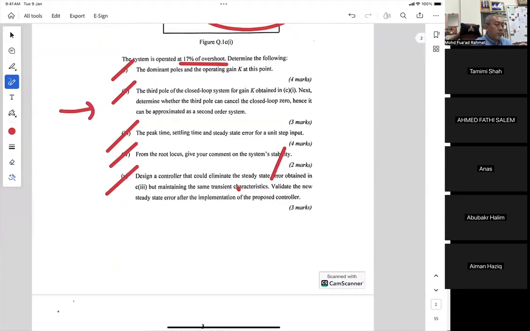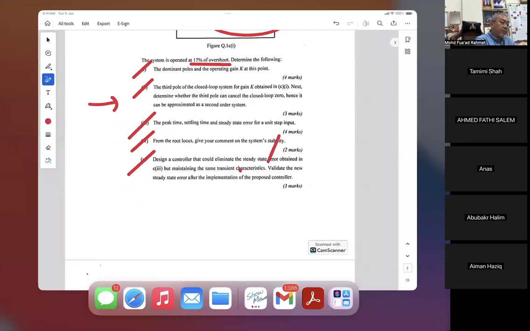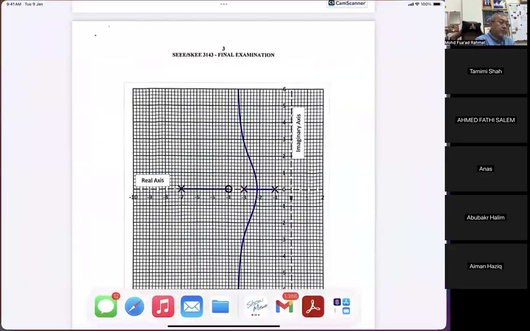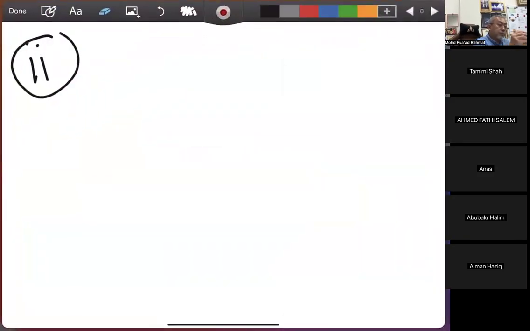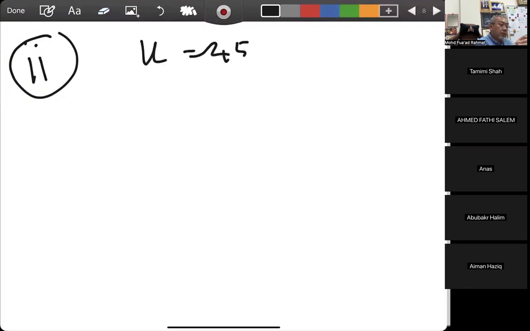Okay. The third pole of the closed loop system for gain K in C1. Okay, use the gain which is 45. Okay. K is 45.